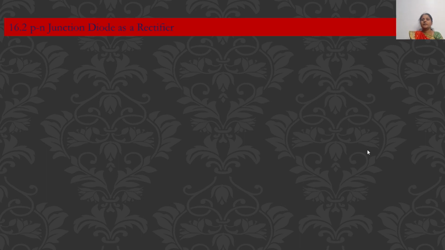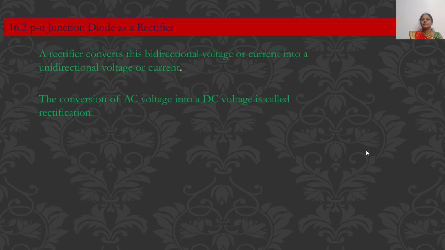First point, PN junction diode as a rectifier. A rectifier converts bidirectional voltage or current into unidirectional voltage or current. The conversion of AC voltage into DC voltage is mainly called rectification.